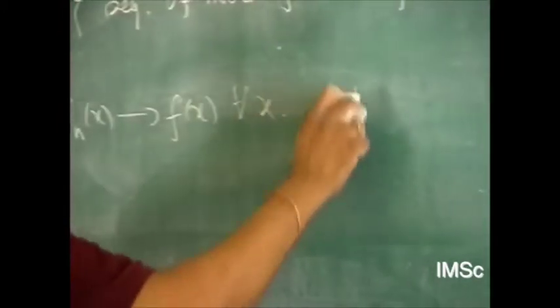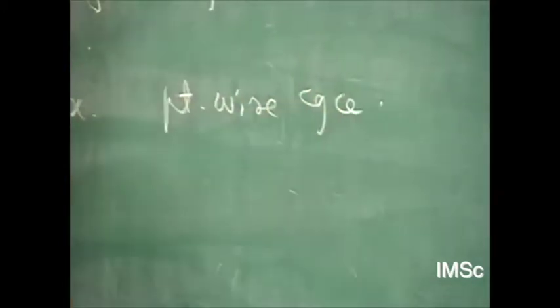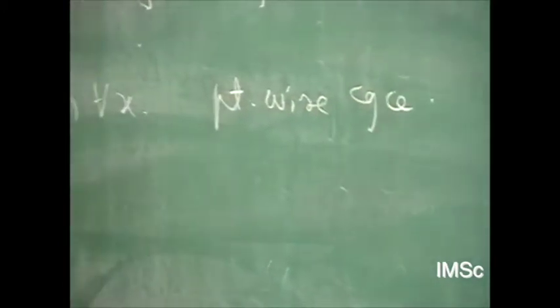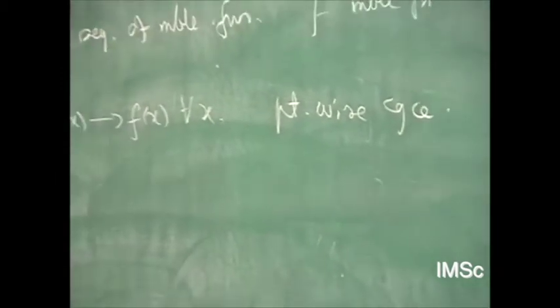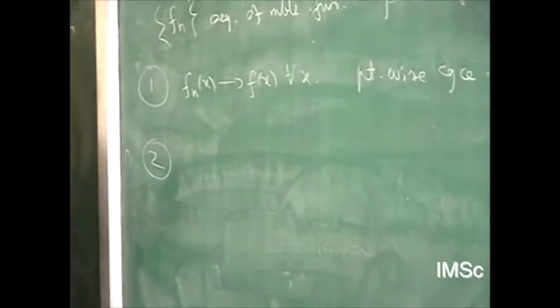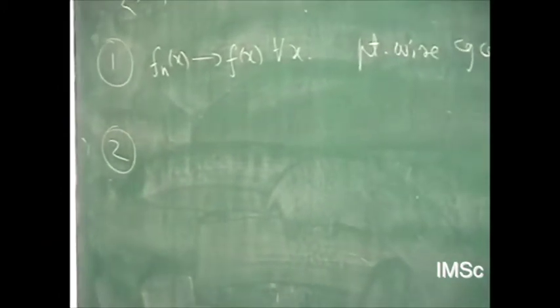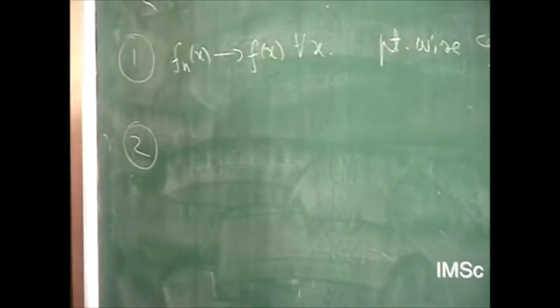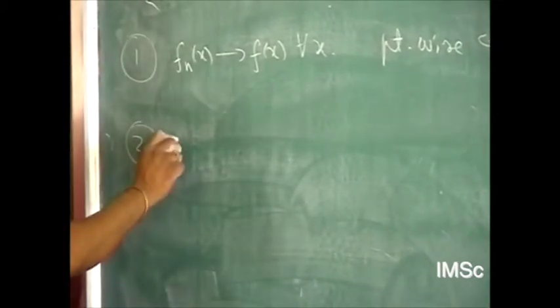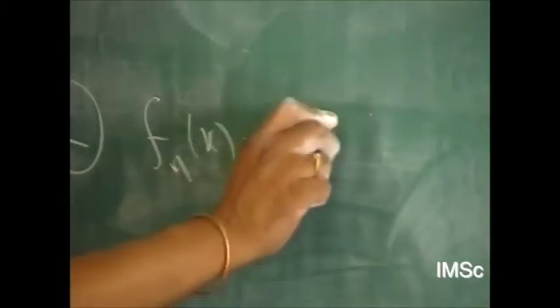This means pointwise convergence as usual. The second notion is that f_n(x) converges to f(x). This is the notion which is most common in measure theory.